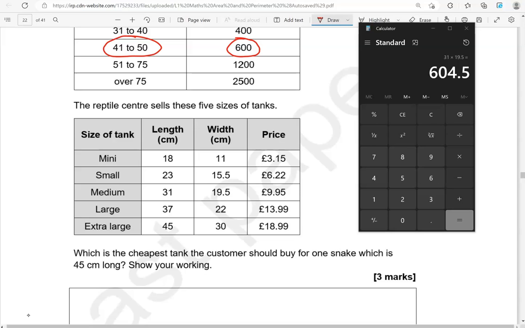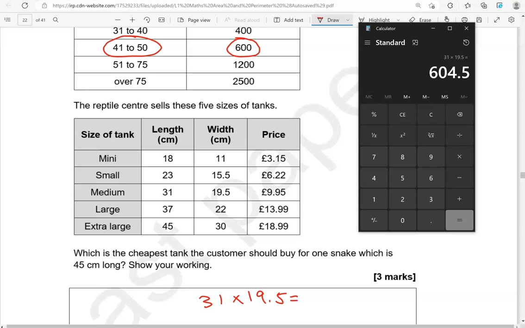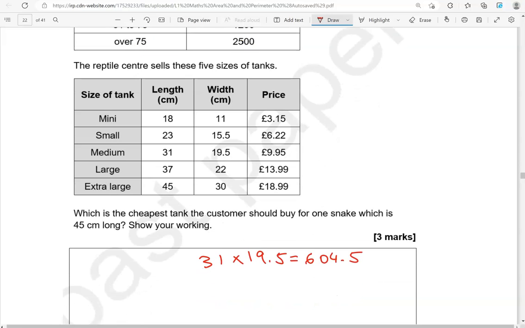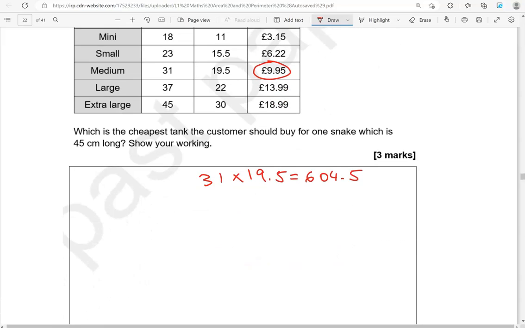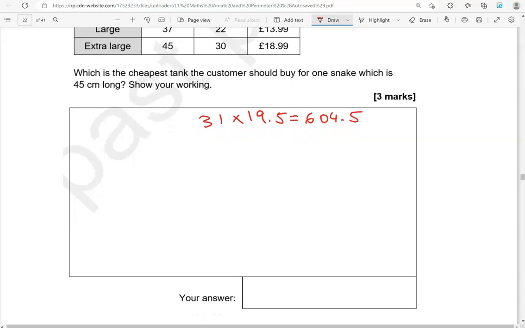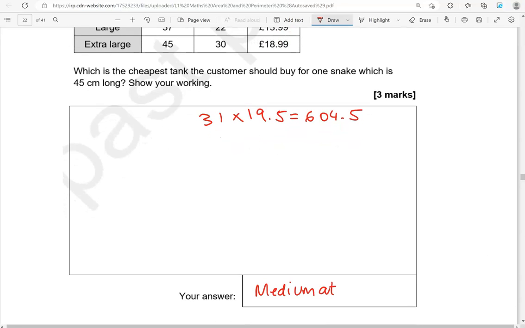So we'll show the working out here by doing 31 times 19.5, which was 604.5, and that is £9.95. So we're going to say medium at £9.95.